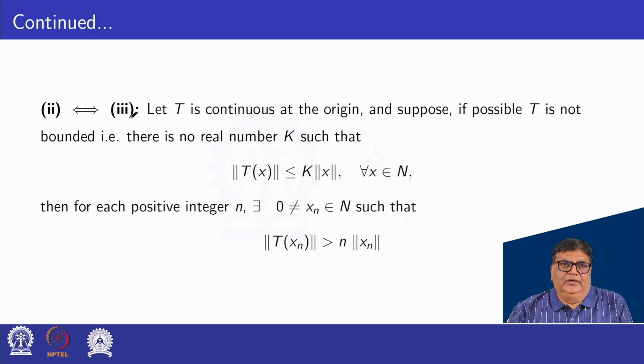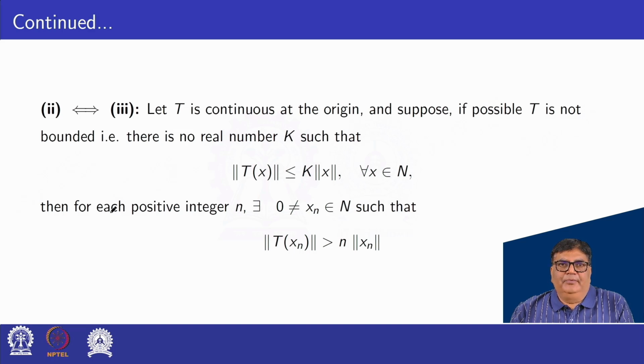Second to third. Let T be continuous at the origin. We prove this by contradiction. Suppose, if possible, T is not bounded. If not bounded, it means there is no real number k to satisfy this condition.